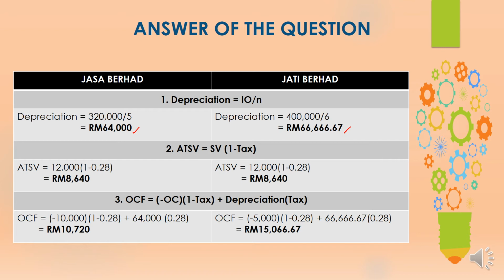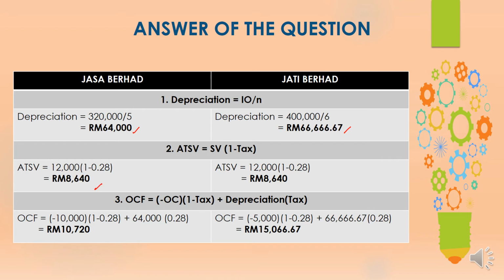Then, based on the formulas, we will calculate the after tax salvage value in the second step. We will calculate ATSV for Jasa Berhad and also Jati Berhad using the formula salvage value times 1 minus tax. So for Jasa Berhad, ATSV equals salvage value 12,000 times 1 minus tax rate 0.28, and you will get the answer for ATSV of 8,640.